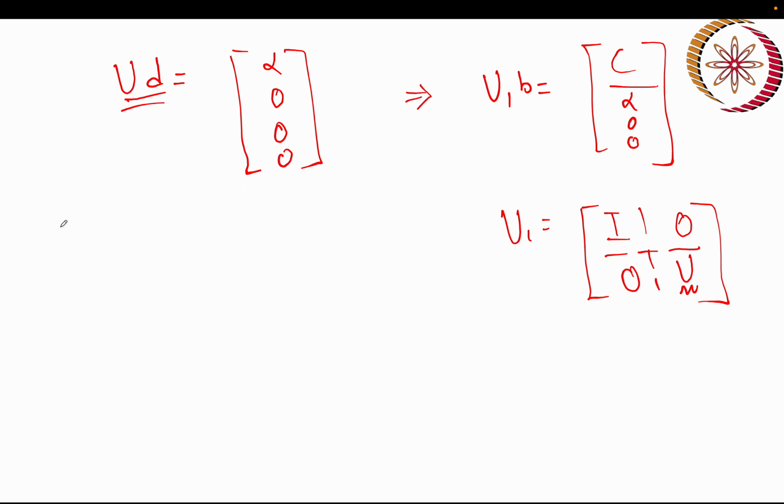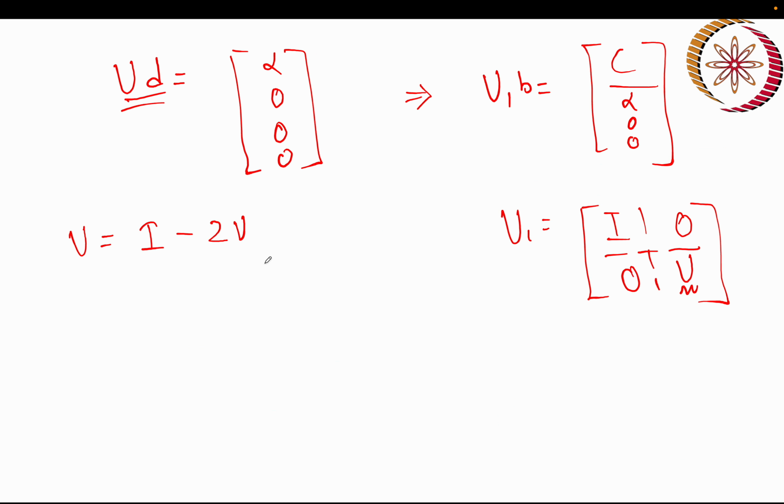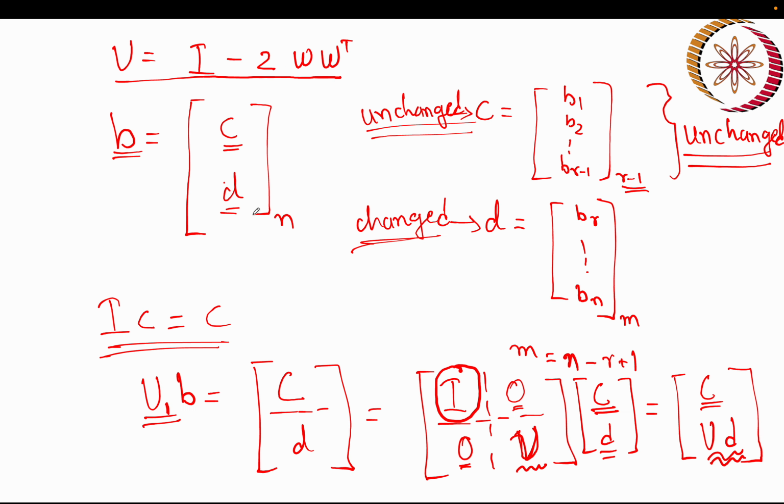Already we mentioned that we will be using the householder matrix. So U will be I minus 2 V V transpose. I'm changing from W to V, which I will explain in a minute.